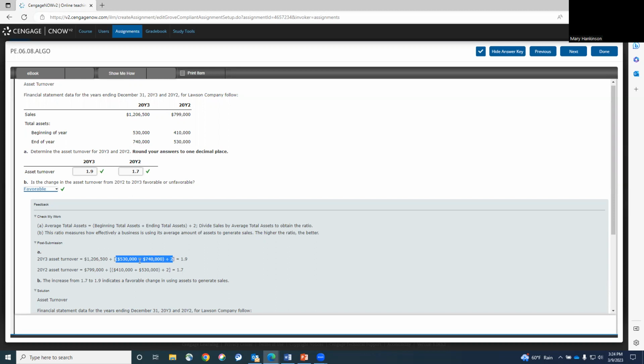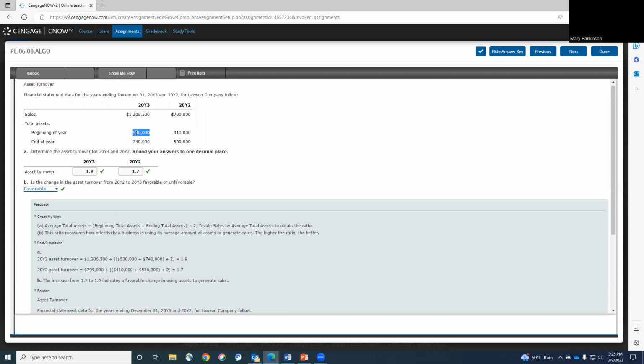You would take 635,000 and you would divide it into your total sales of $1,206,500. All right, so for year 3, your asset turnover then is 1.9.